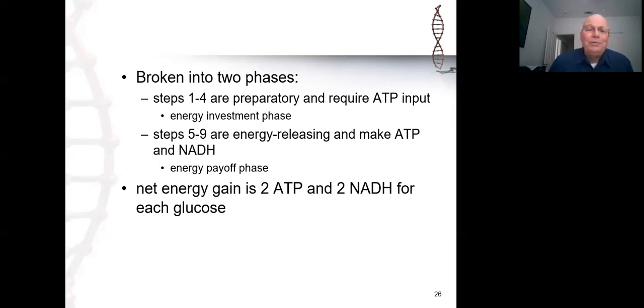But it's also in a fairly stable state. It requires an investment of energy to destabilize it. So much so that you actually have to invest 2 ATP molecules per glucose molecule at the beginning of glycolysis. So this is why this is referred to as the energy investment stage.